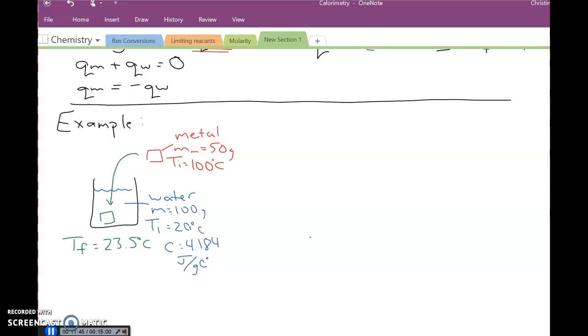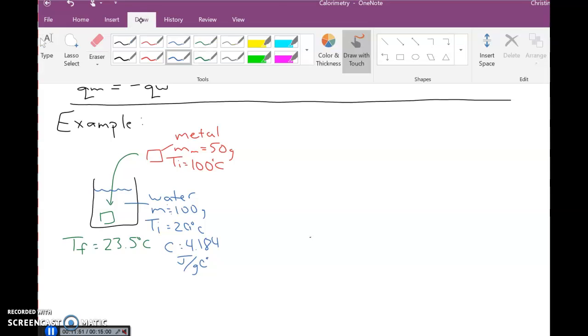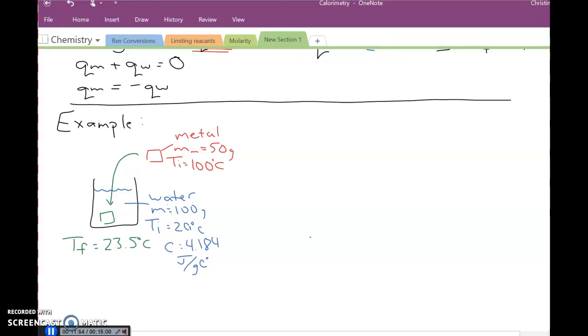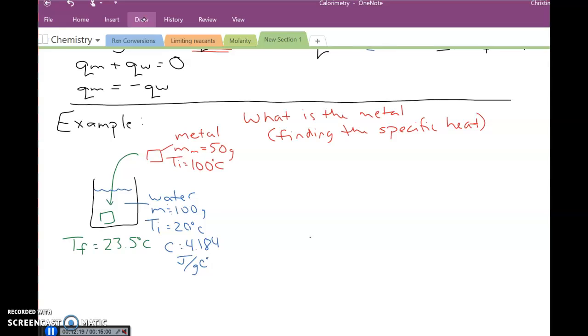Okay, we are trying to find out what the metal is. So we are looking for, what is the metal? And we do this by finding the specific heat. Okay, so how are we going to do this?